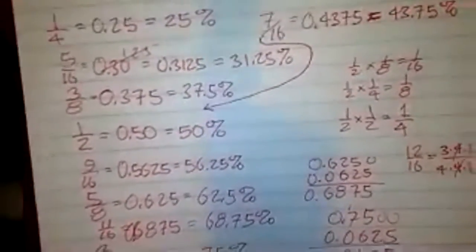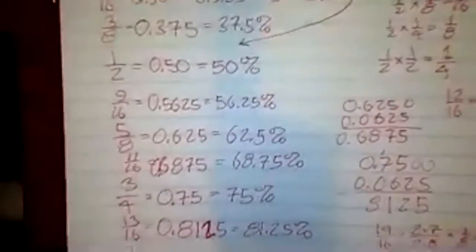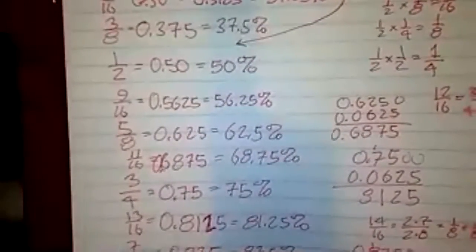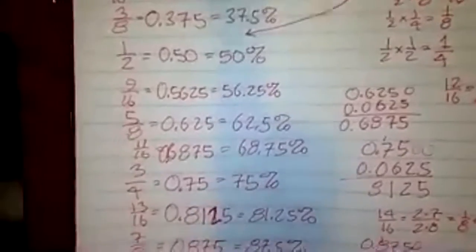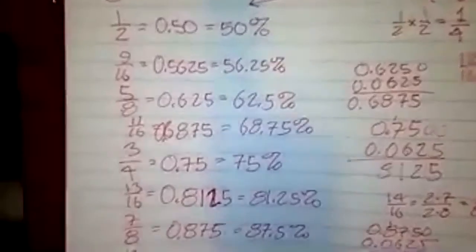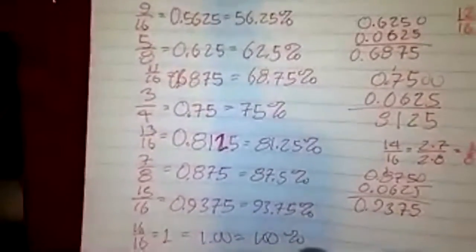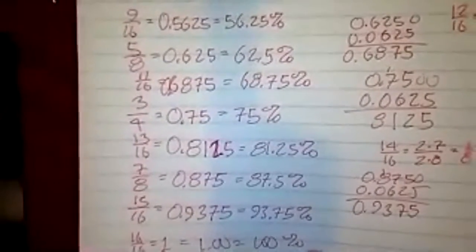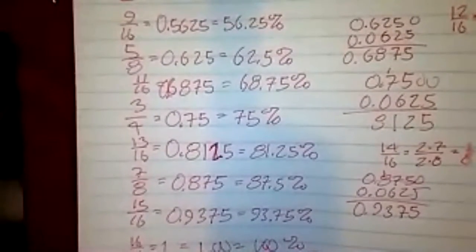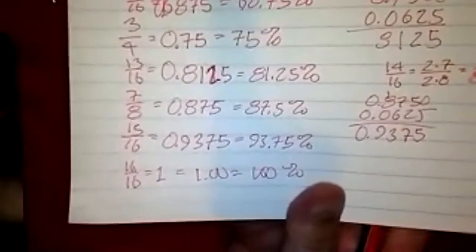Then 7/16 is 0.4375, which is 43.75%. 1/2 is 0.5 or 50%. 9/16 is 0.5625, which is 56.25%. 5/8 is 0.625, which is 62.5%. 11/16 is 0.6875 or 68.75%. 3/4 is 0.75 or 75%. 13/16 is 0.8125 or 81.25%. 7/8 is 0.875 or 87.5%. 15/16 is 93.75%.